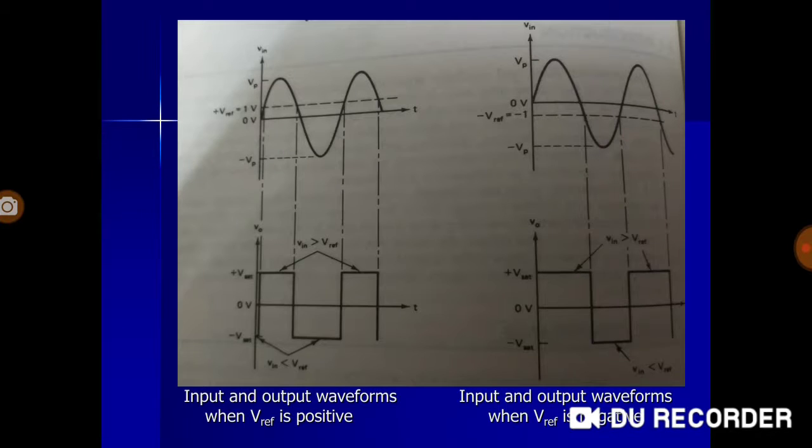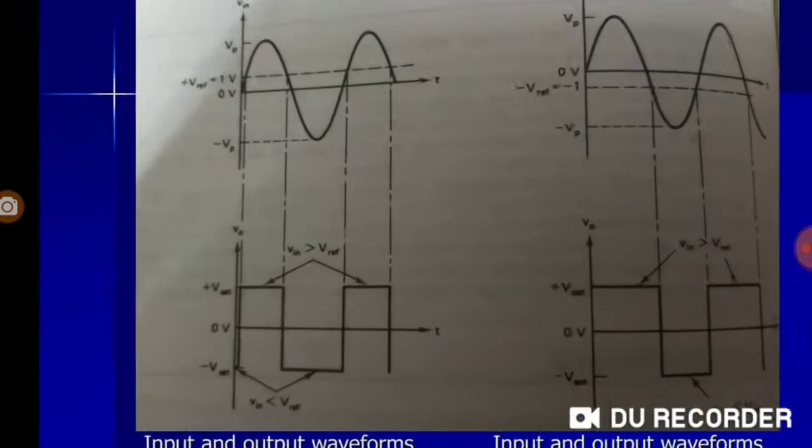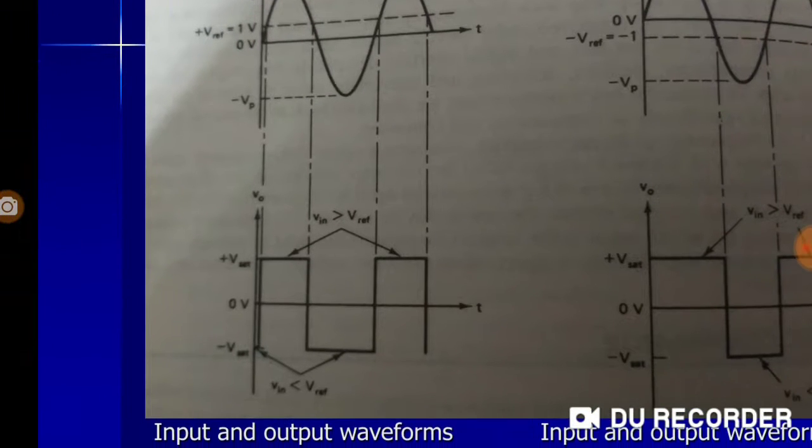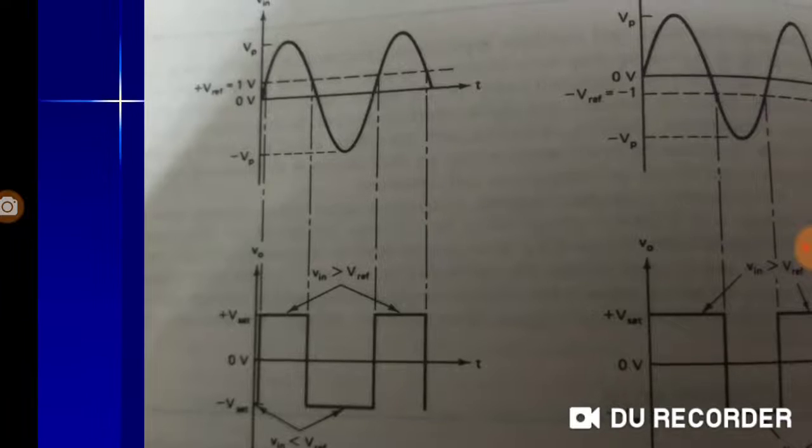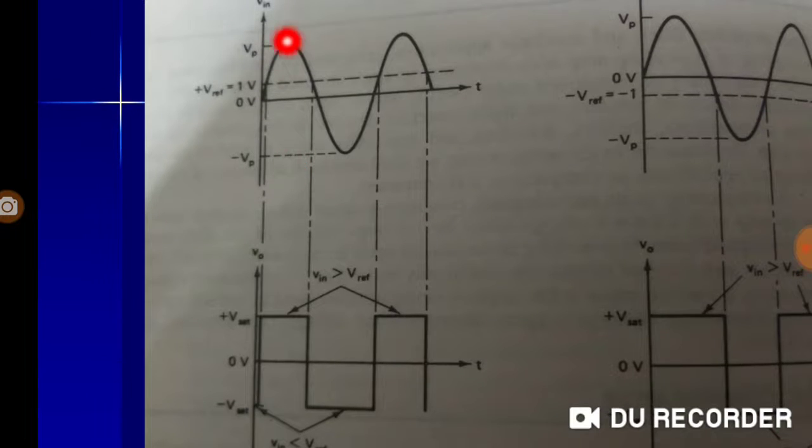Now, let's look at the input and output waveforms for two kinds of reference voltages: the first case where the reference is positive, and the second case where the reference voltage is negative. Taking one at a time, the input voltage is indicated by this signal, the peak point being Vp, and the reference is set at 1 volt, that is, positive.